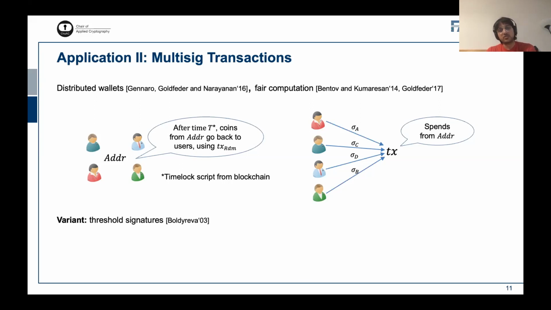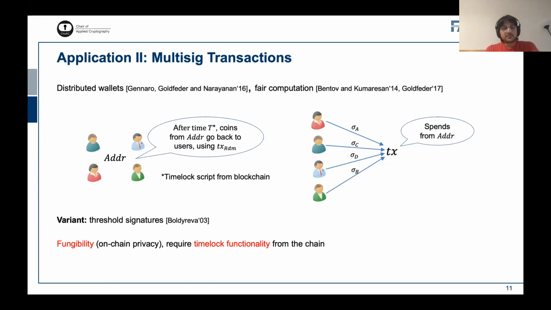And you can do this with a time lock script. If you ask me why you need this, notice that if one of the users goes offline forever, then the money is forever locked in the shared address. So to prevent this, it's like an insurance policy that says that after time t star, the money would be sent back to the users using the redeem transaction. Okay, and you can do this with the time lock script.